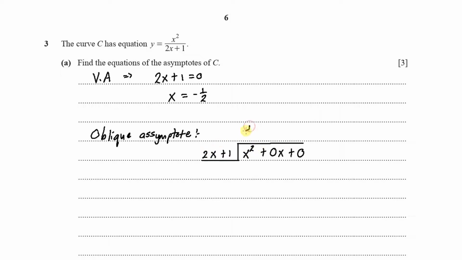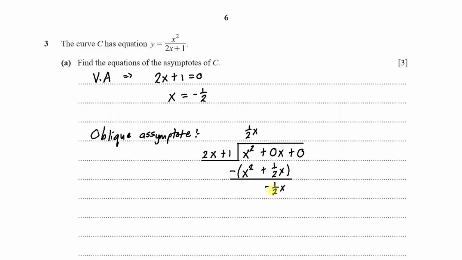Divide 2x into x squared, I get half of x, and multiply half of x times 2x plus 1. That gives me x squared plus a half of x. Then I subtract: x squared minus x squared is 0, and 0 minus a half x, I get minus half of x.